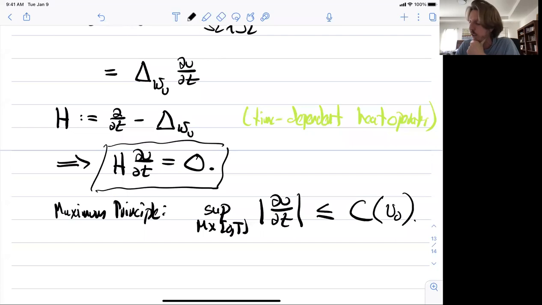It's a solution to the heat equation on the nose, so it's a subsolution and a supersolution. And so you get upper and lower bounds, so you get an estimate for the absolute value.